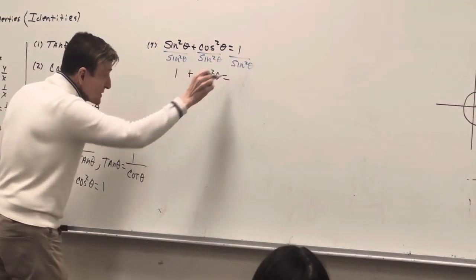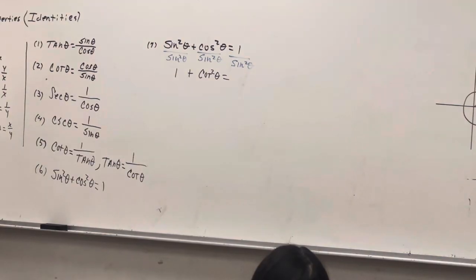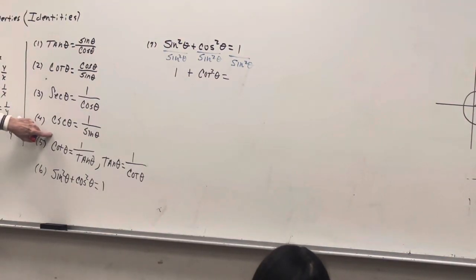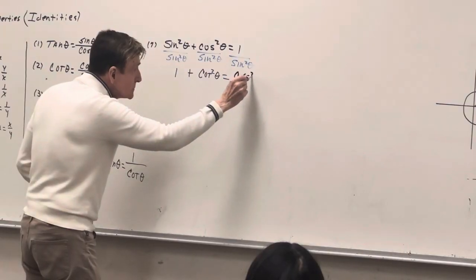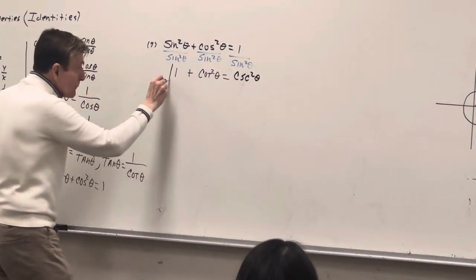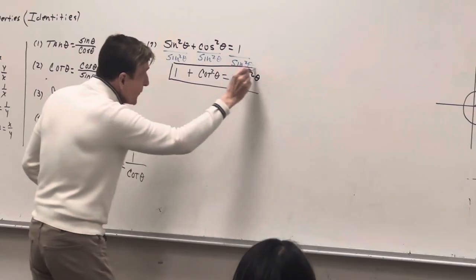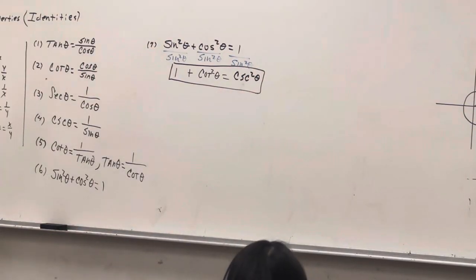And then 1 over sine squared, and it looks like we said 1 over sine earlier was cosecant. So could I write that 1 over sine squared as cosecant squared? They accept that as another one of your fundamental identities. You say, Professor, what's the last one you want to work with here?